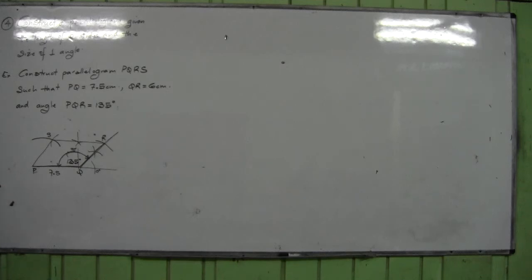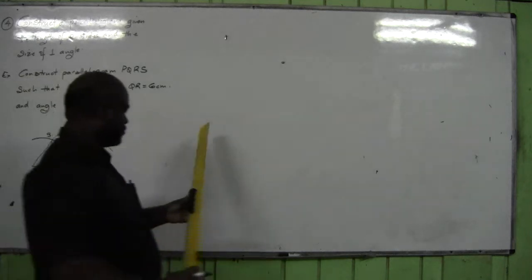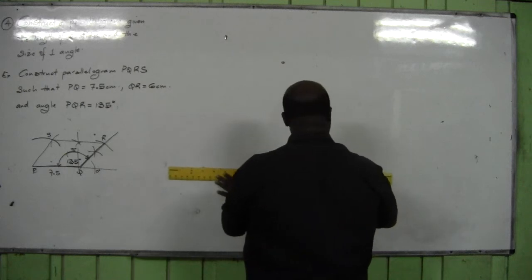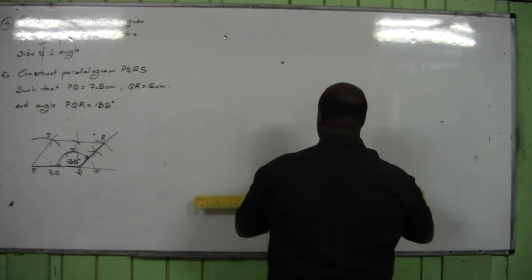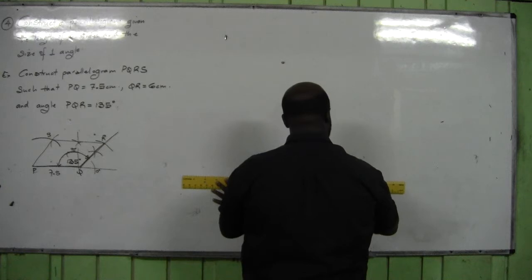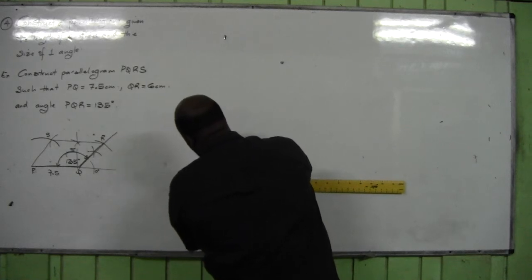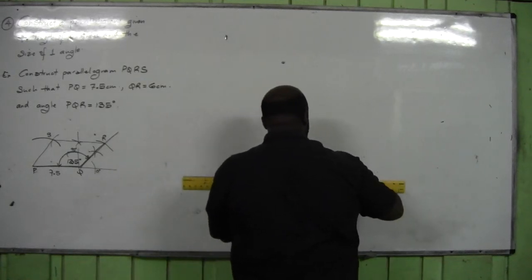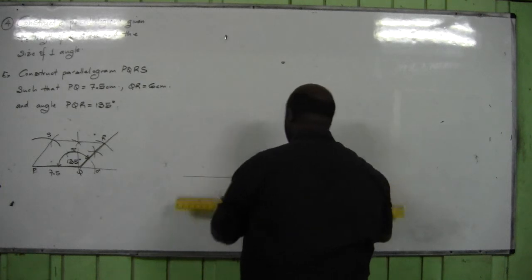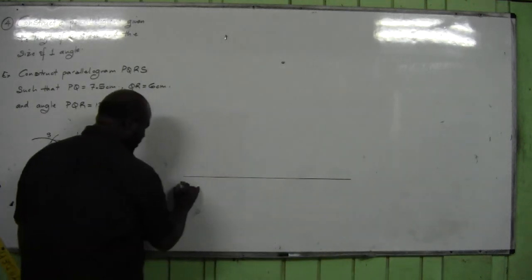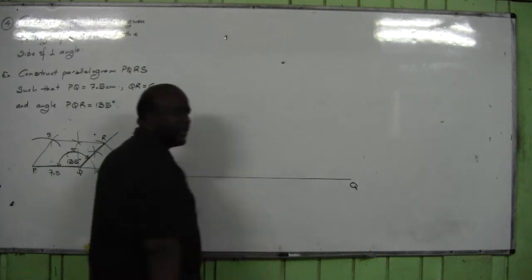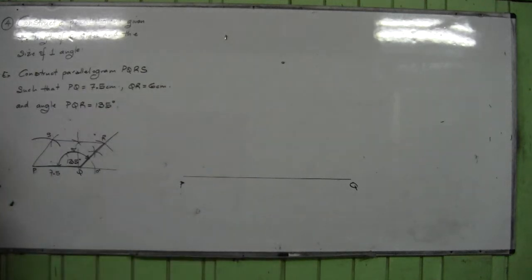Everybody, please draw a line segment PQ of length 7.5 centimeters. This is P, and this is Q, 7.5 centimeters.